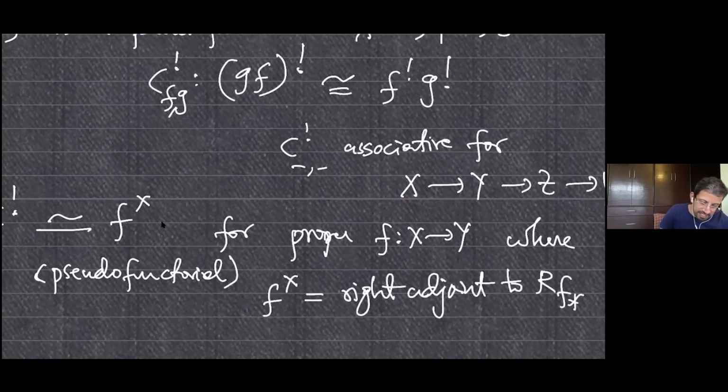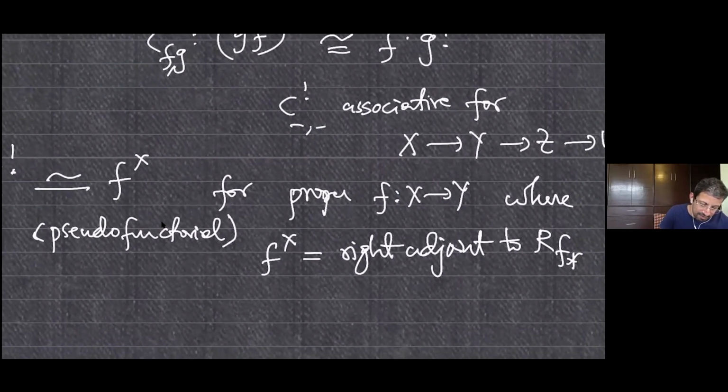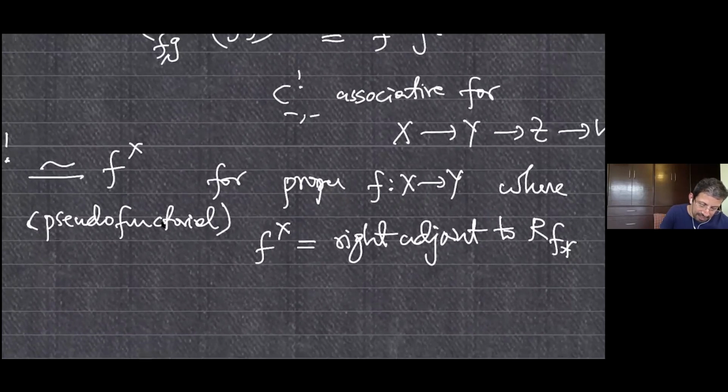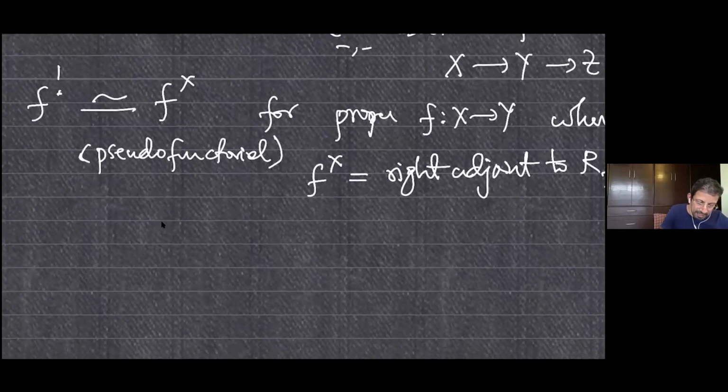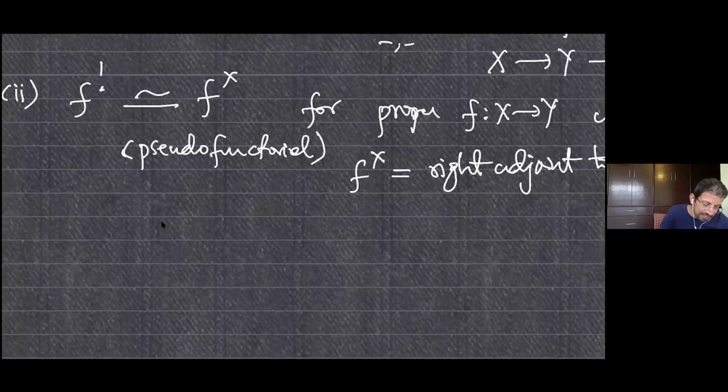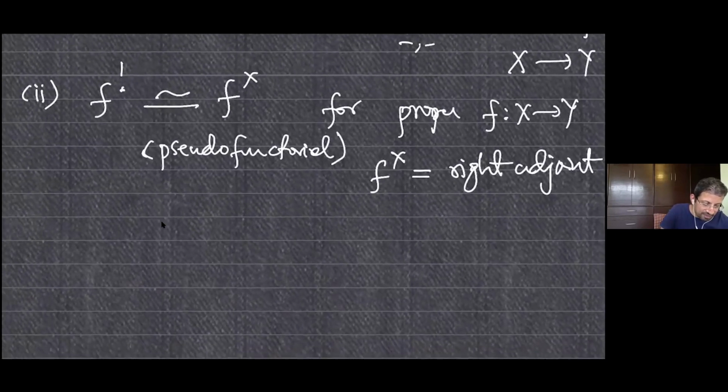In the previous case, everything was proper, so I was happily using F cross, but in general, my definition of F cross will be the right adjoint to Rf lower star, even if it is not proper. I should have said that in the beginning, but sorry, I didn't. So this is my definition.